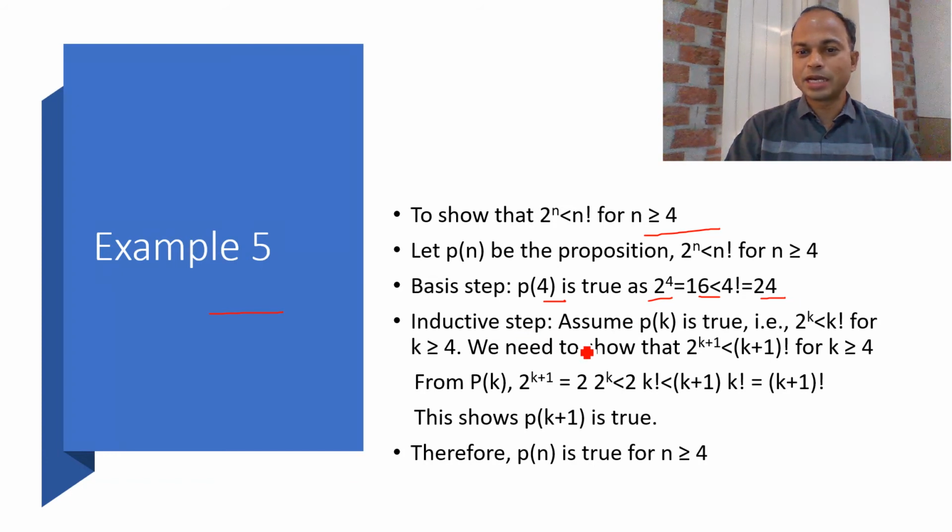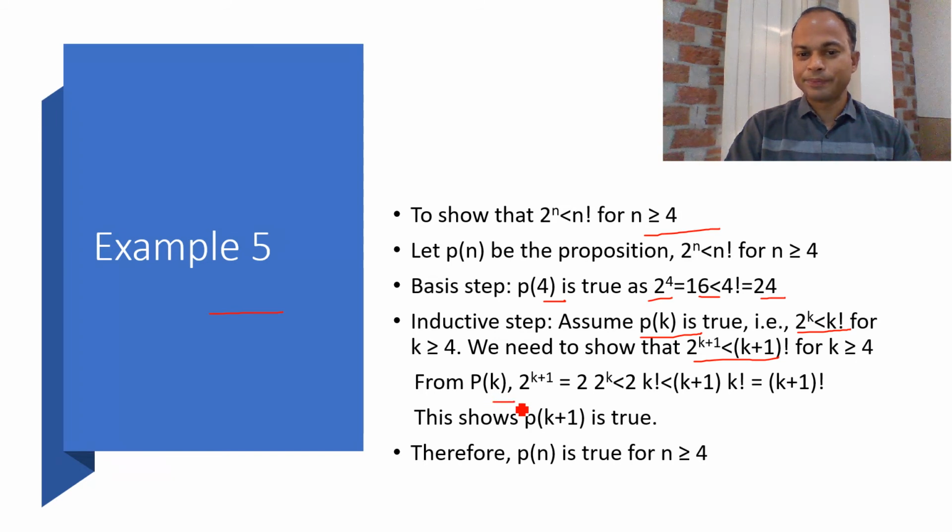After it, we are taking the inductive step. Say this is true for P(k), I mean we take n equals to k. Then we are able to write 2 raised to the power k less than k factorial. After it, we have to demonstrate for k plus 1, I mean we have to demonstrate 2 raised to the power k plus 1 less than k plus 1 factorial.